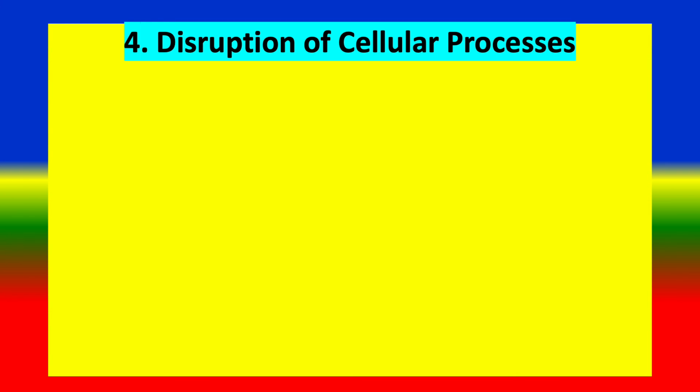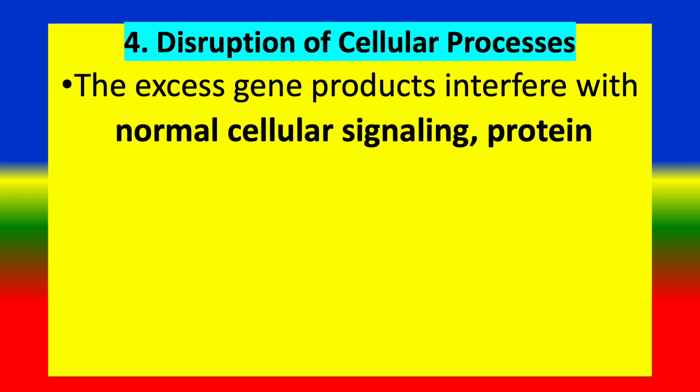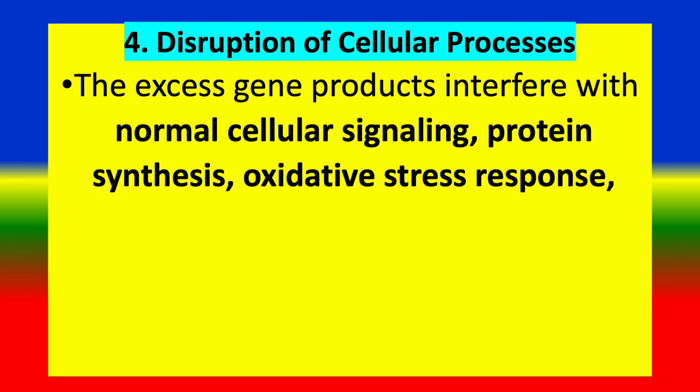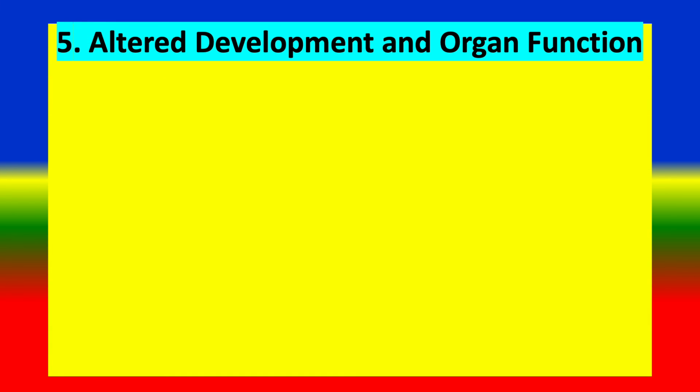4. Disruption of cellular process. The excess gene products interfere with normal cellular signaling, protein synthesis, oxidative stress response, and neural development. 5.